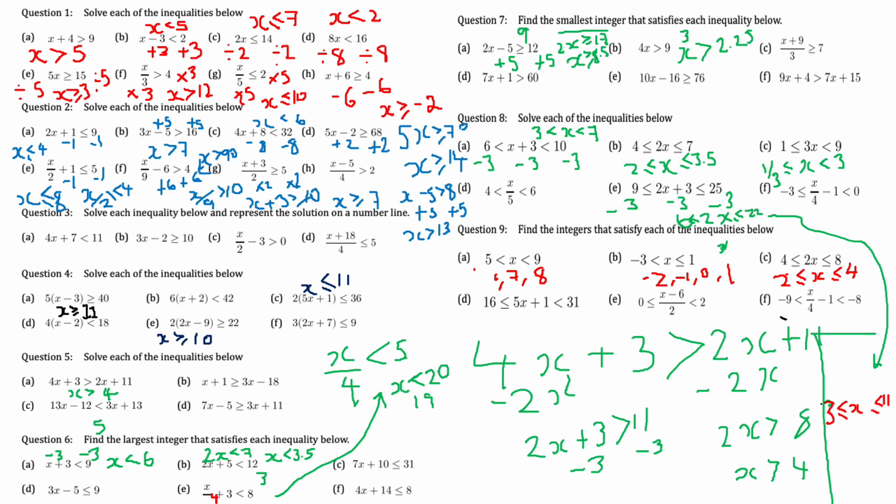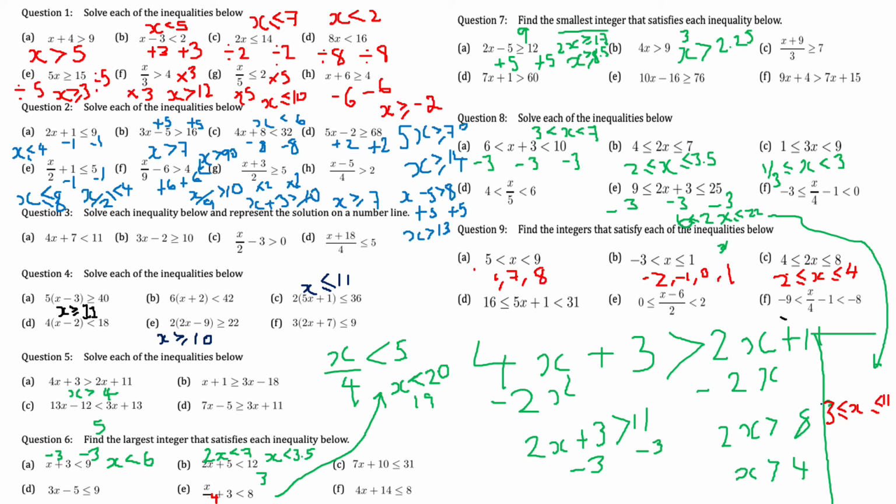Sorry that I haven't managed to cover every single question, but hopefully you were able to gather the general idea about how to solve inequalities. It's just balancing both sides, the same as solving an equation, but keeping the inequality sign the same. The last point to mention is that if I multiply or divide by a negative number, the sign actually switches.